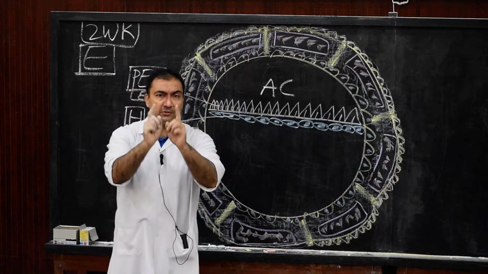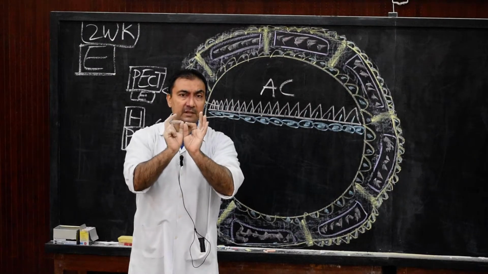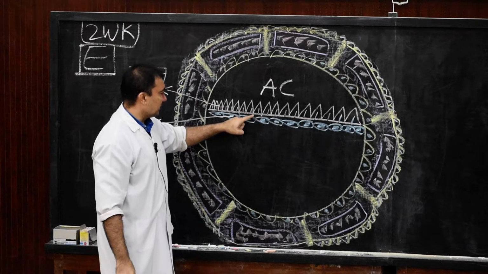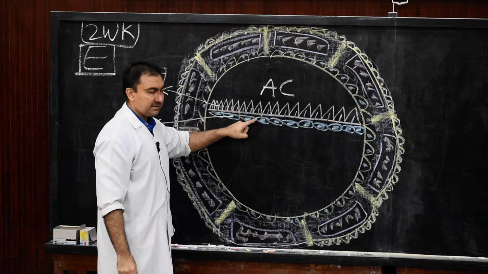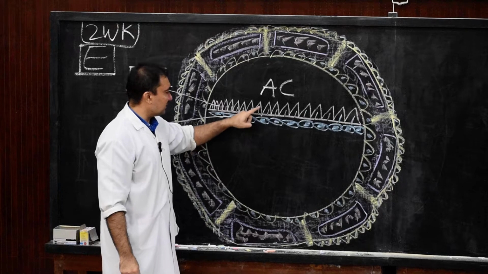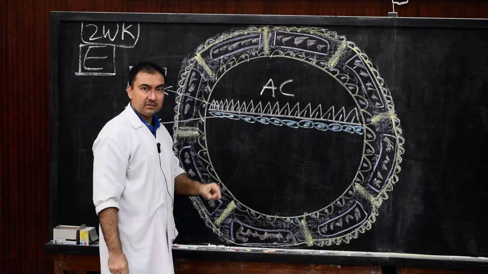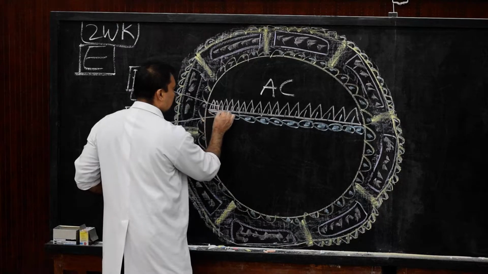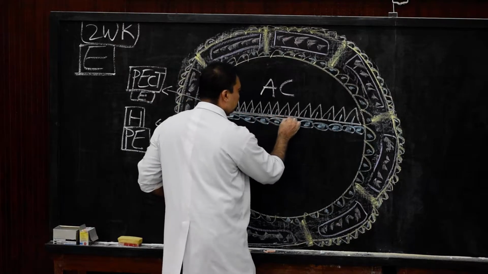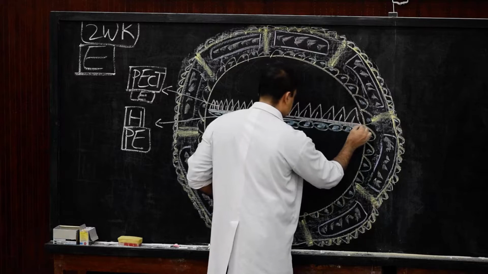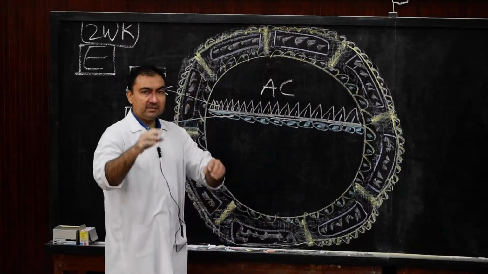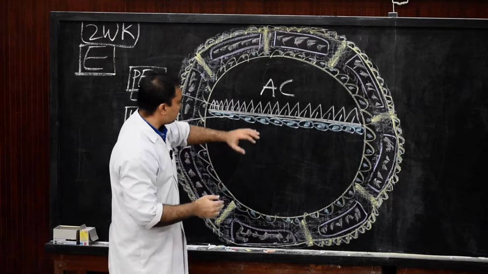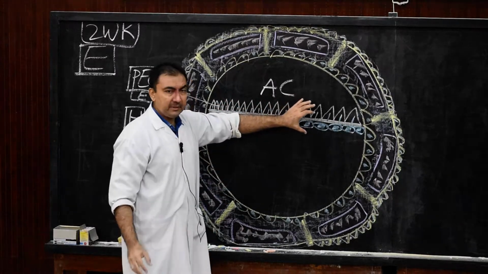Now as soon as the amniotic cavity is created, note down, there will be development of a basement membrane in between the epiblast and hypoblast, in between the primary ectoderm and primary endoderm. As a result, at this stage there is a beautiful depiction of the bilaminar germ disc.